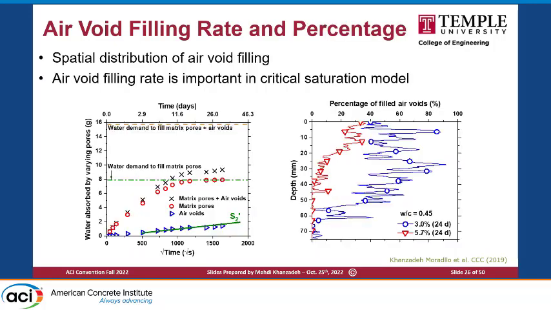And then if I use this, I can more accurately find out what is the absorption rate for the air voids versus the matrix pores. So I'm separating the air voids from the matrix pores by using this technique. And at the right side, you see the example, one sample with 3% air void, the other with around 6%, and you see the percentage of the filled voids and the impact from the higher percentage of the air void in your system.